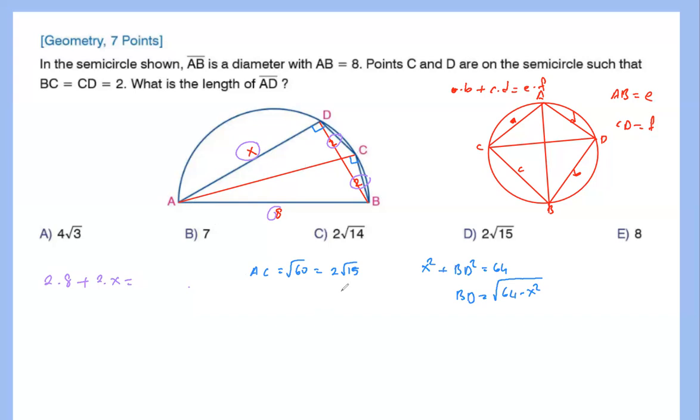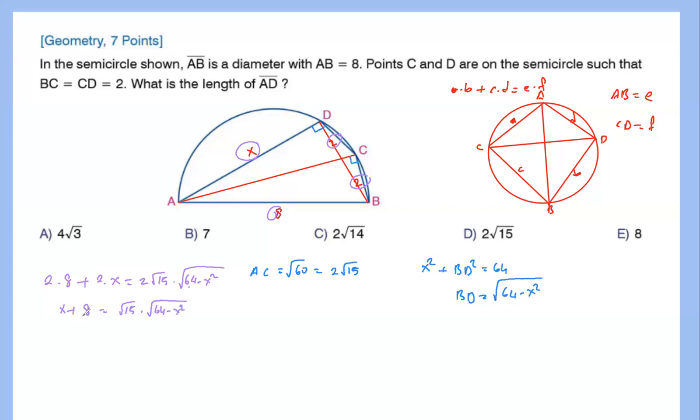AC, we already know, is 2 root 15. And BD is the square root of 64 minus x squared. And I see that I can divide both sides by 2 to make it a bit nicer. So that will be x plus 8 on the left side, and the right side will be root 15 times the square root of 64 minus x squared.